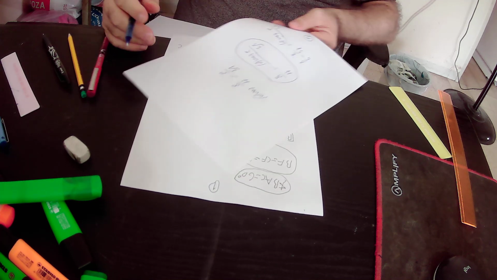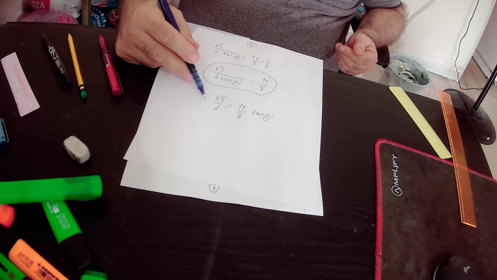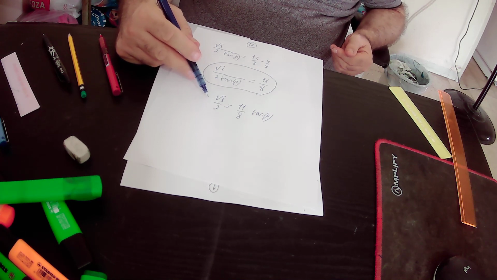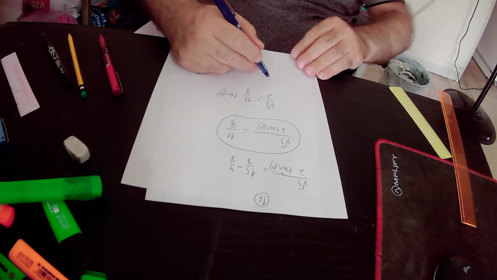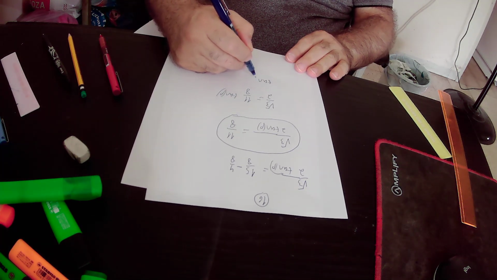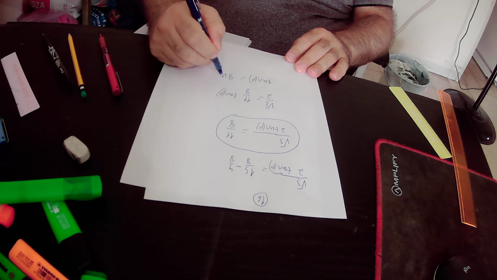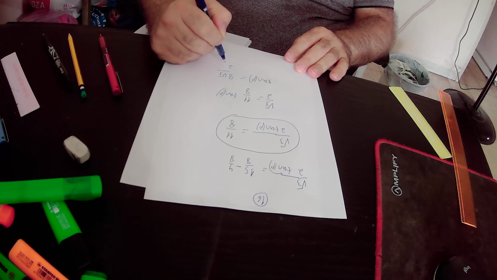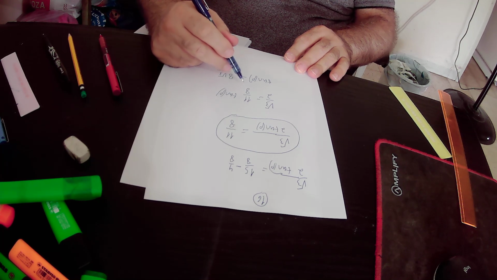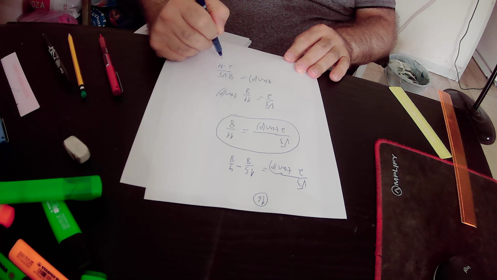Here we will multiply this equality by 8 and then divide it by 11 in order to find out the value of tangent p. Actually tangent p will be equal to 8 times root 3 over 2 times 11.